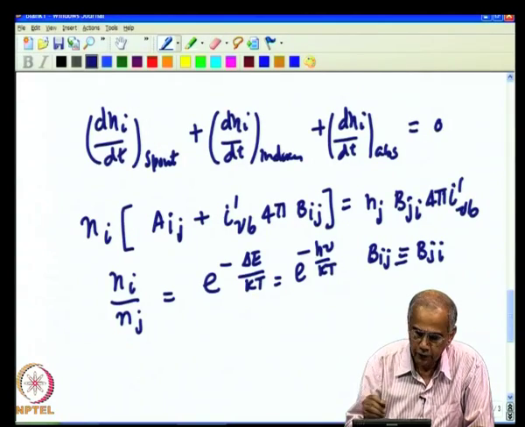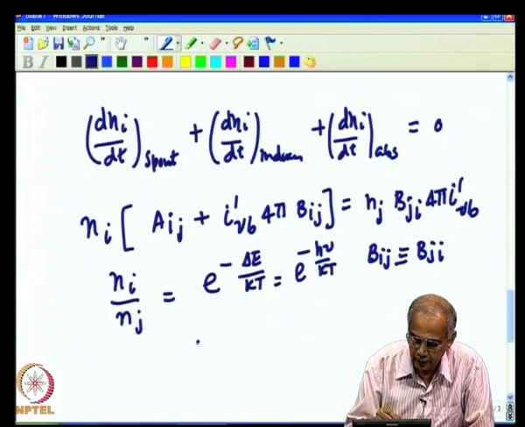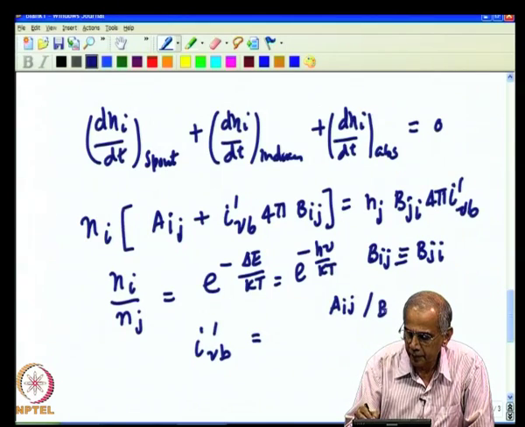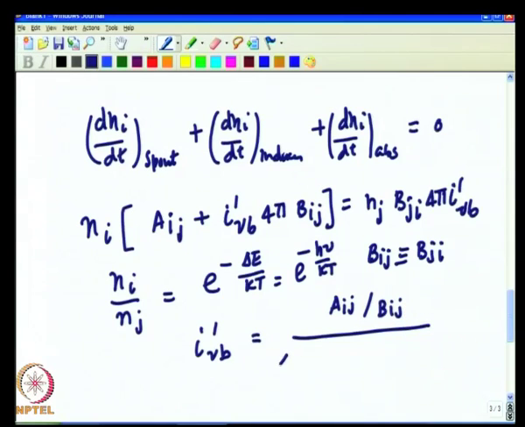And now, if you put all this together, you will get I prime nu b as Aij by Bij divided by 4 pi, times 1 over e to the power of h nu by kT minus 1.